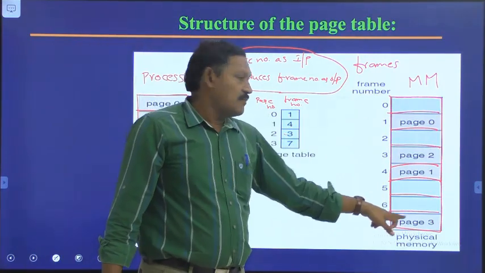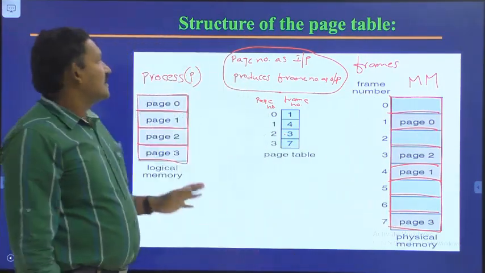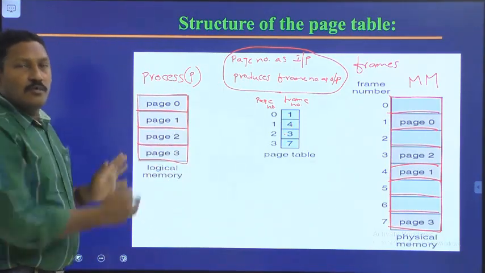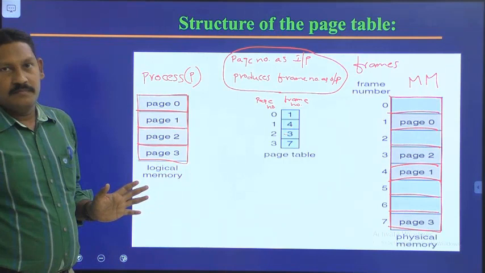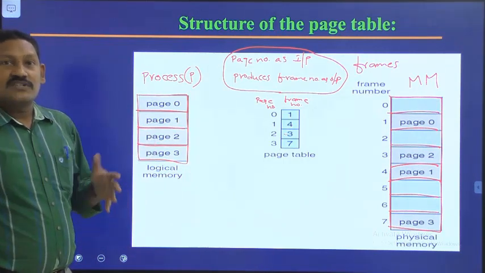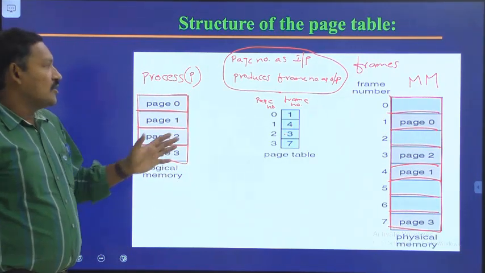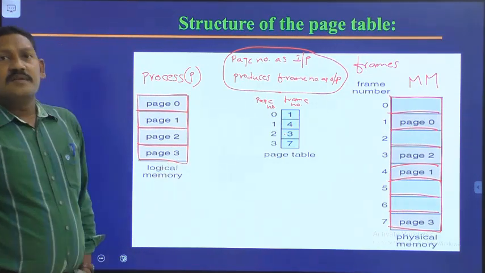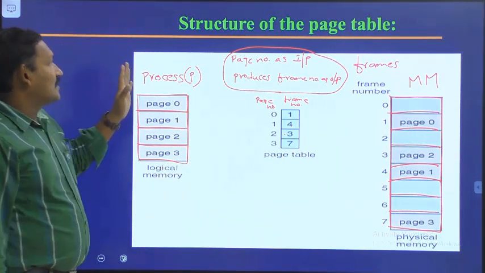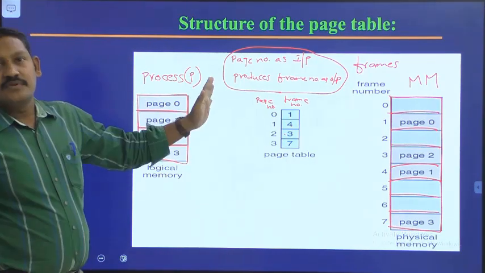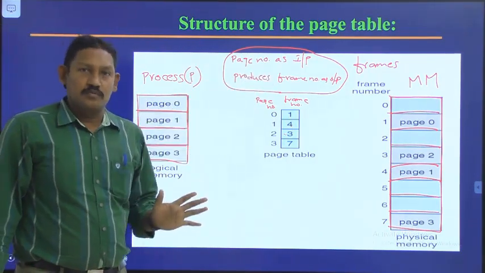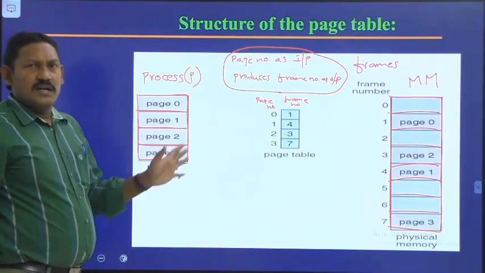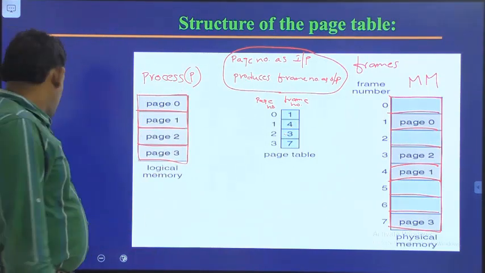This is the overall structure of a page table, because you should know the structure of page table. So what the page table is doing, it simply takes the page number as input and produces frame number as output. So we have seen the rough structure of page table.